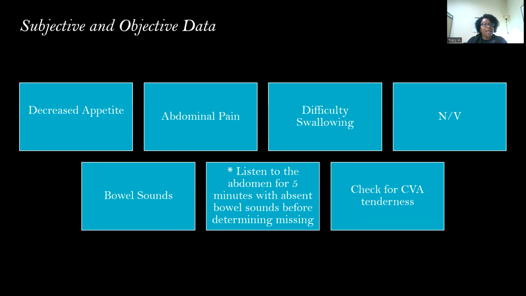Is it concave? Is it protuberant? You're looking for asymmetry. You're looking for any kind of masses. Where's the umbilicus? Is it midline? Is it inverted? You want to make sure that the abdomen is smooth.